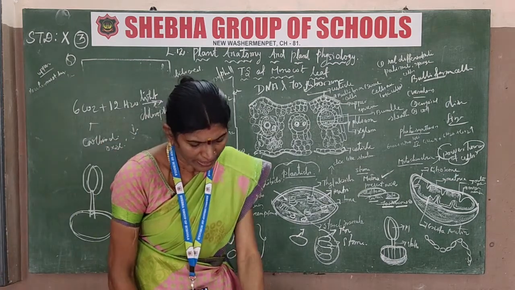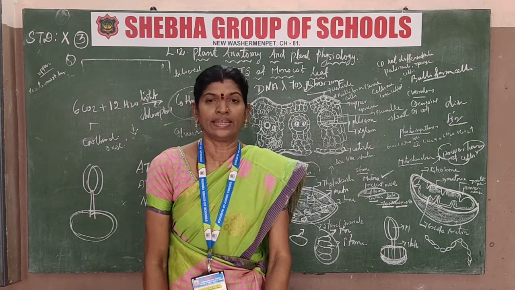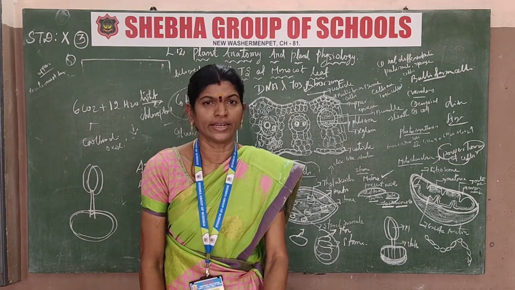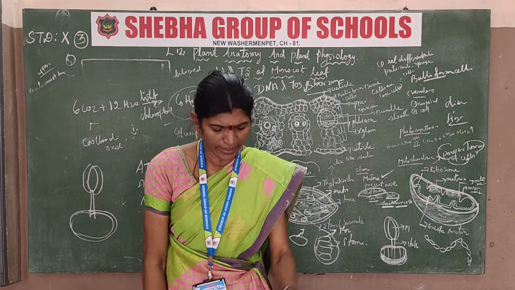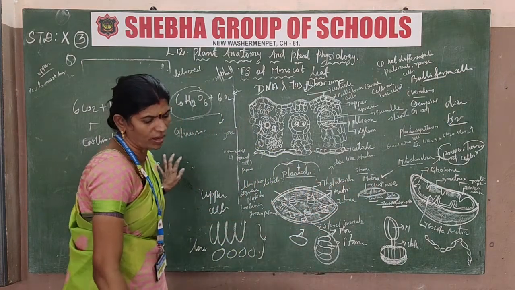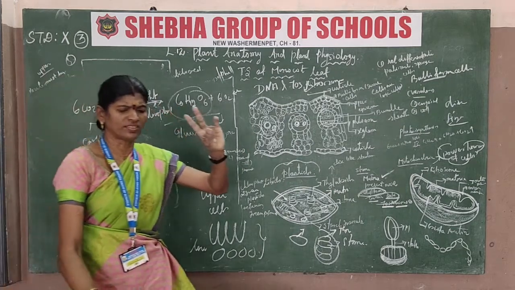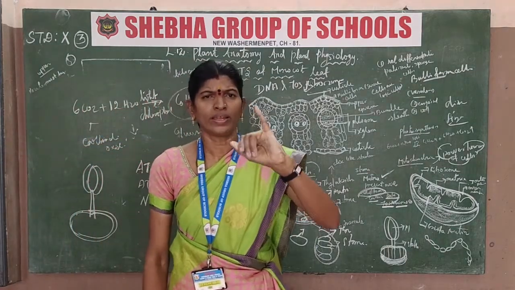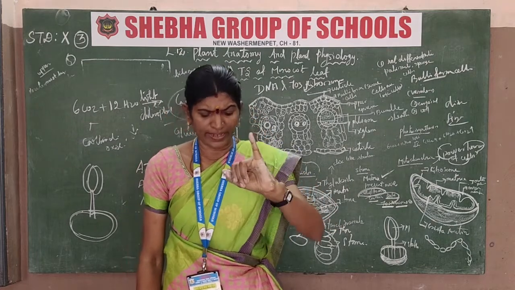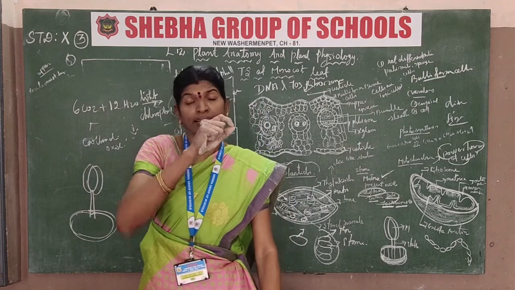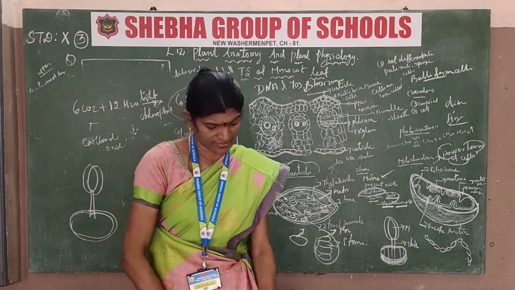Next, NAD is nicotinamide adenine dinucleotide, and NADP is nicotinamide adenine dinucleotide phosphate. These are all involved in the reactions of photosynthesis. There are two reactions: one is light dependent photosynthesis and another is light independent photosynthesis.